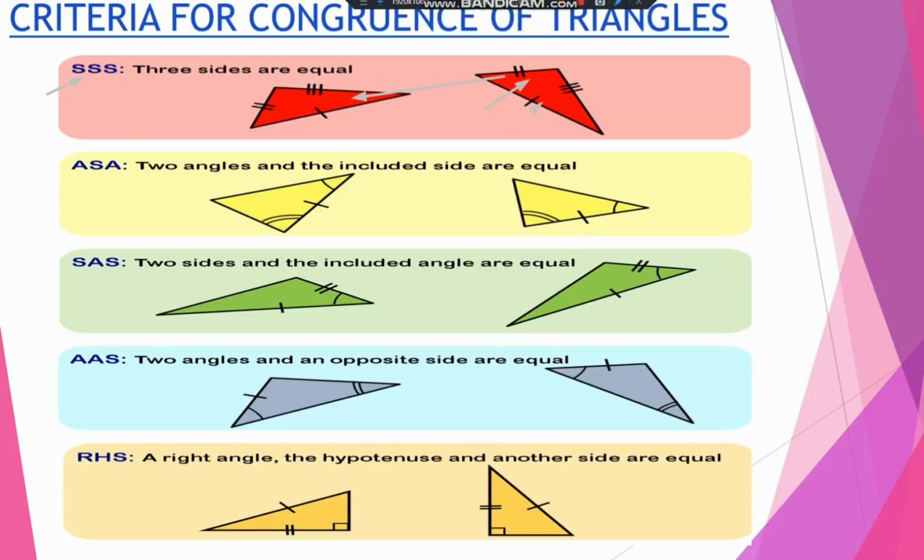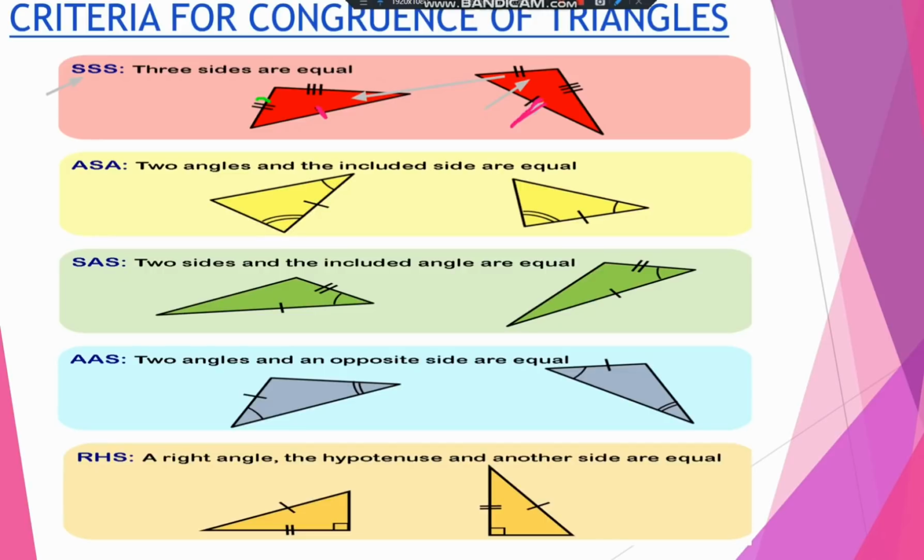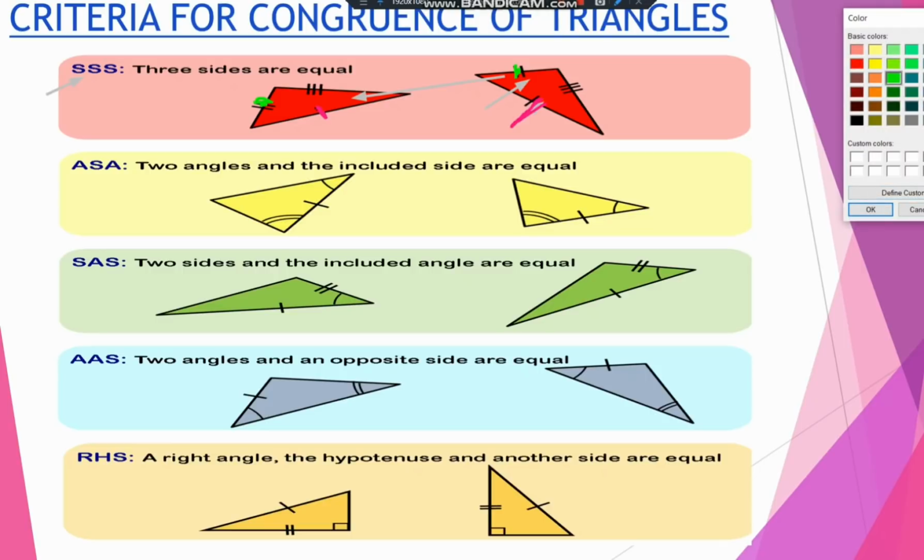So this side, that means this side will come on this side, overlap this side. The second side will be overlapped by this second side, and the third side will be overlapped by the third side.